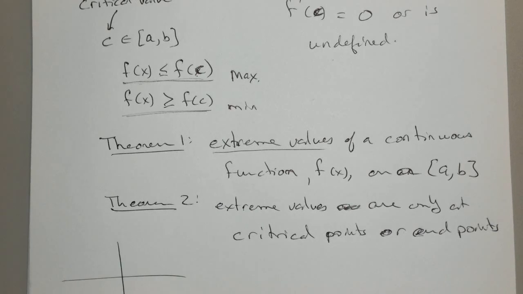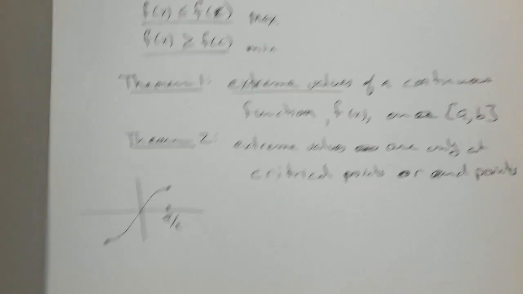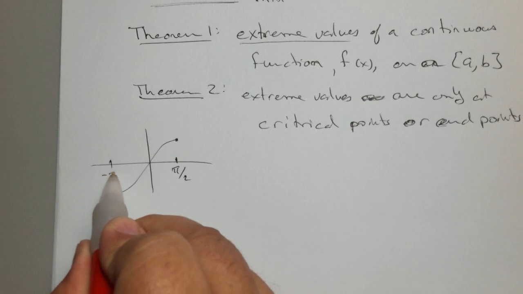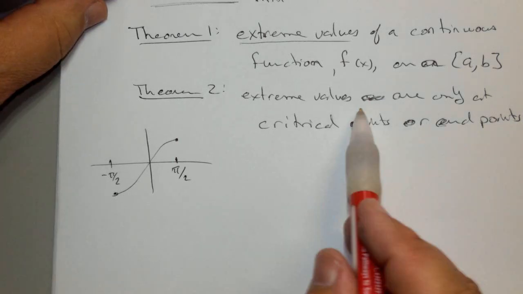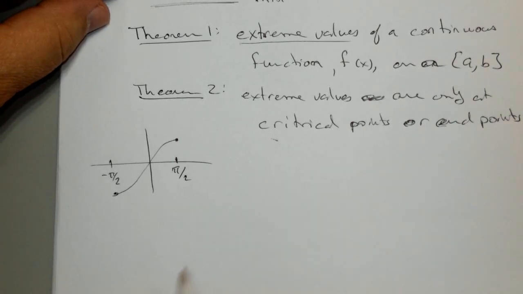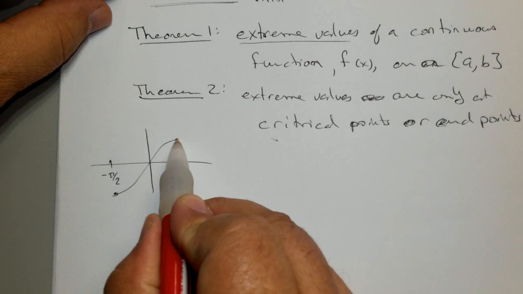Case in point, let's look at the sine function again, from negative pi over 2 to pi over 2. It says extreme values are only at critical points. Is this a critical point?